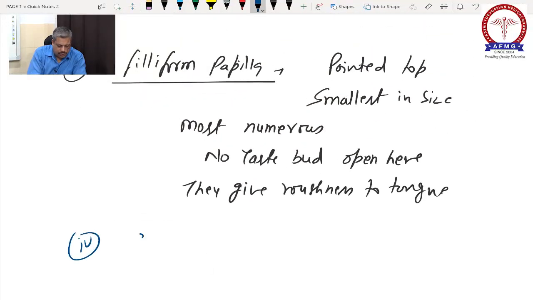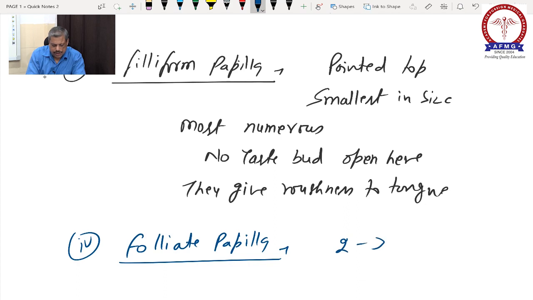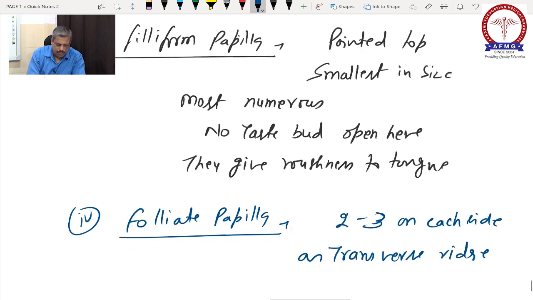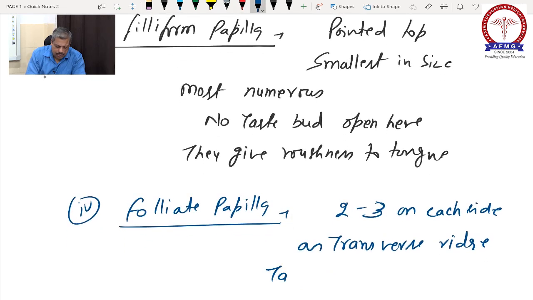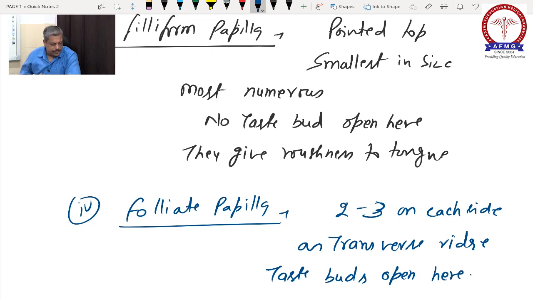They are 2 to 3 on each side as transverse ridges, and taste buds open here. Clear? This is where the taste buds open. This is the foliate papilla.